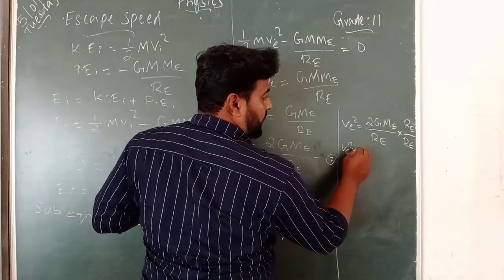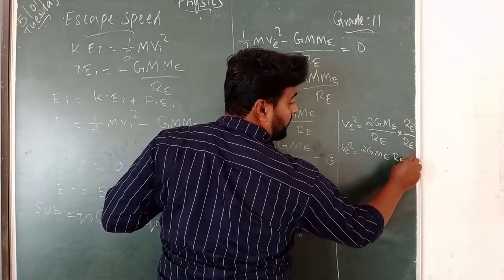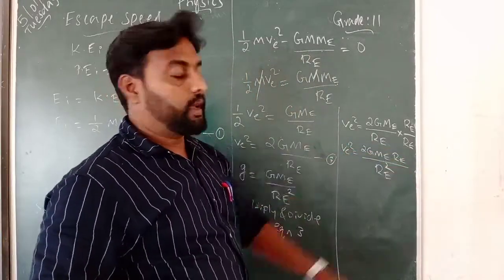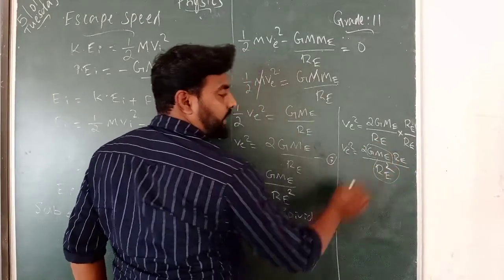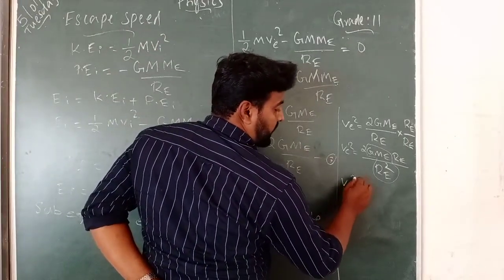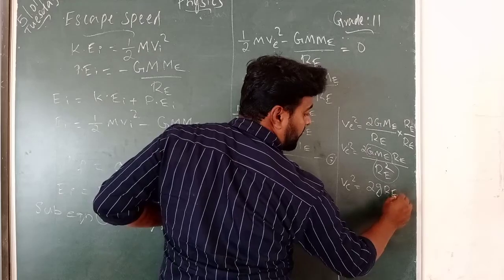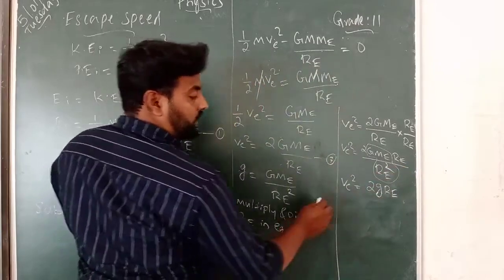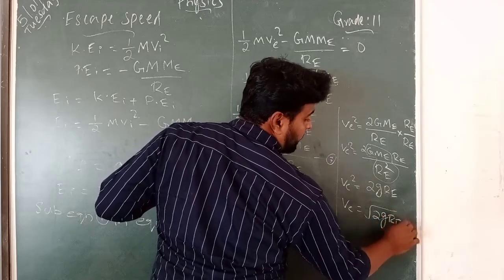Now VE square is equal to 2GME RE by RE square. Now GME by RE square, we can take as G. So VE square is equal to 2G RE. So the escape speed is equal to root 2GR.